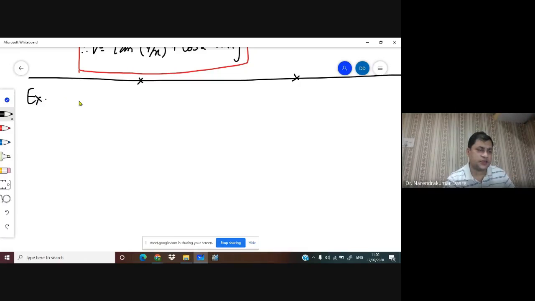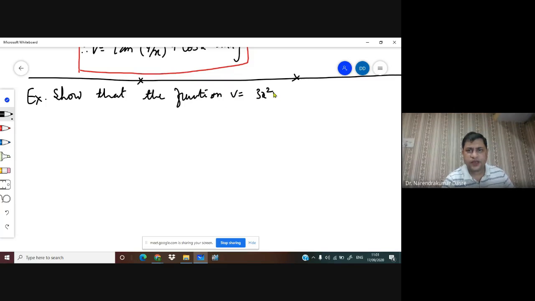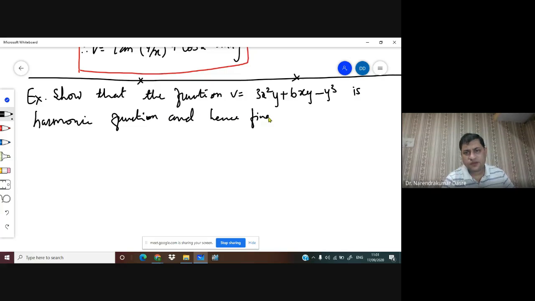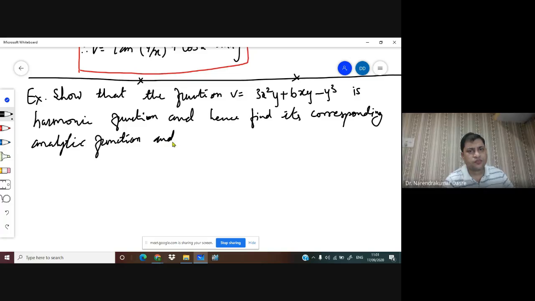So we'll go for another example. Show that the function v = 3x²y + 6xy − y³ is a harmonic function, and hence find its corresponding analytic function and harmonic conjugate.